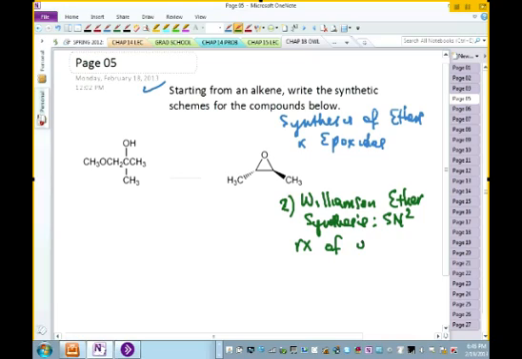An SN2 reaction of alkoxide displacing, in a substitution reaction.